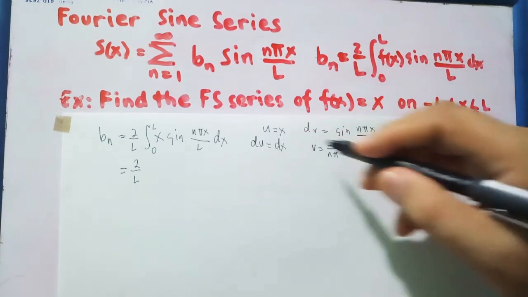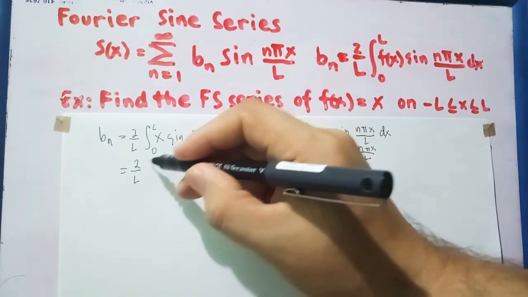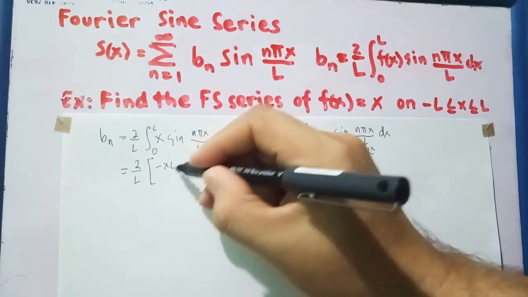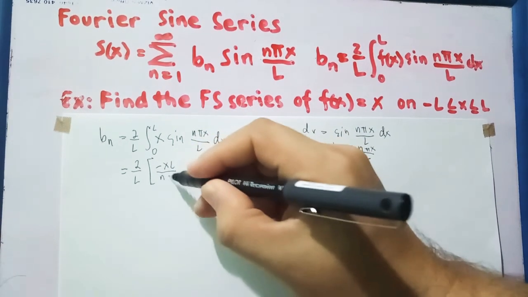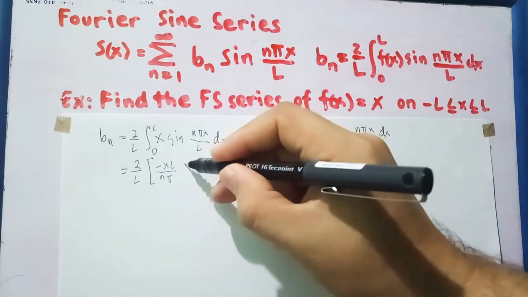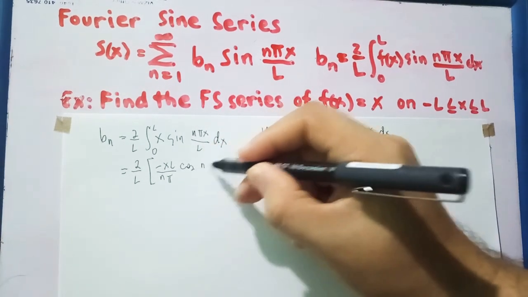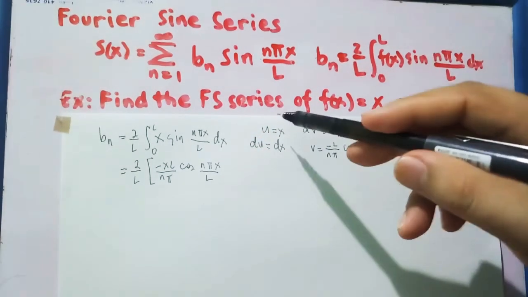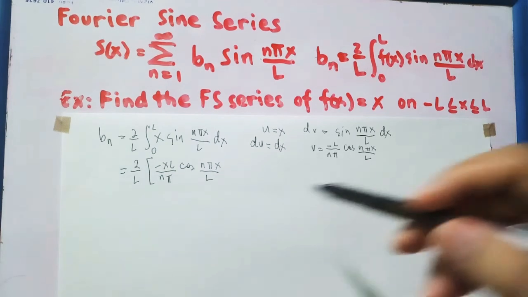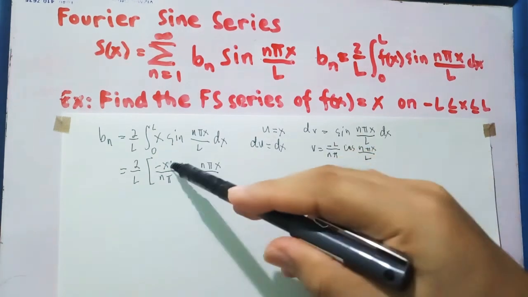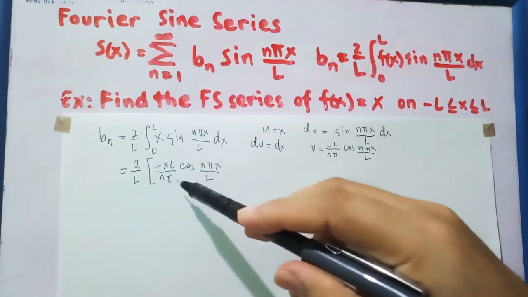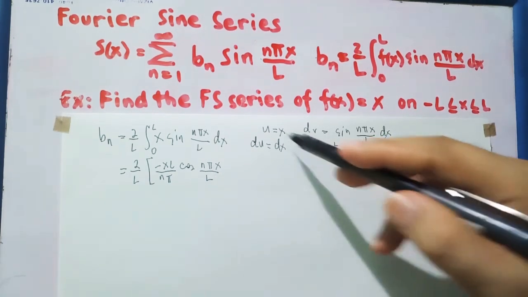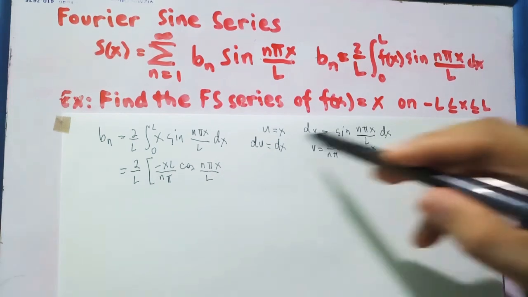That is u times v, which is negative x L over n pi, and then cosine of n pi x over L. That is u times v, where u is x times negative L, that is negative x L over n pi cosine of n pi x over L, minus the integral of v du.